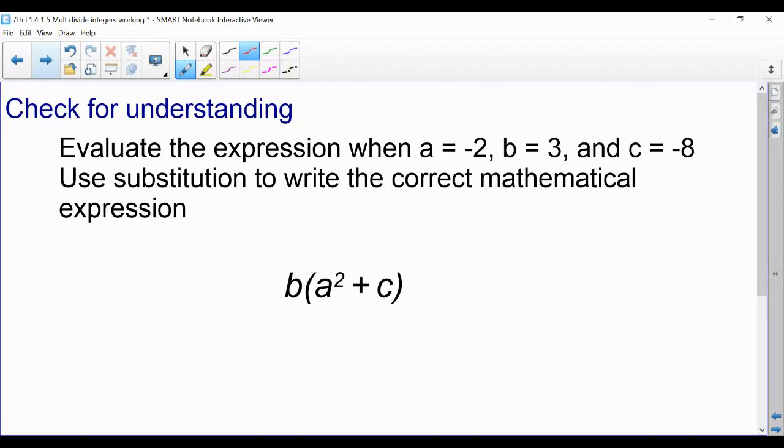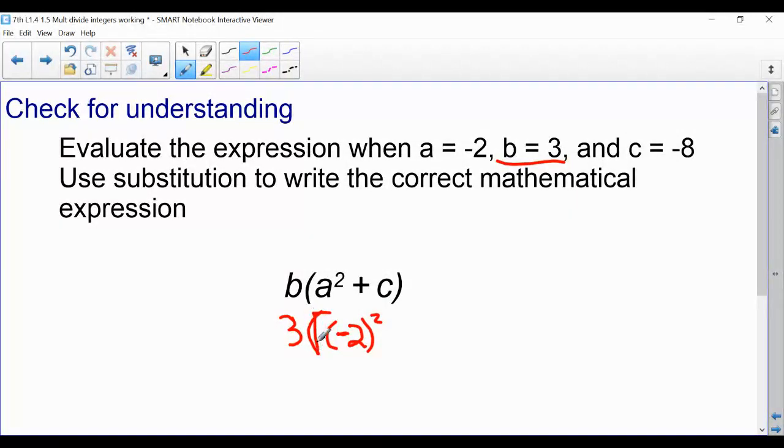Next one, we need to write the expression for B times the sum of A squared plus C. So B is 3 times A squared. A is negative 2. I need to square the whole thing, so I need to throw a double set of parentheses in there.